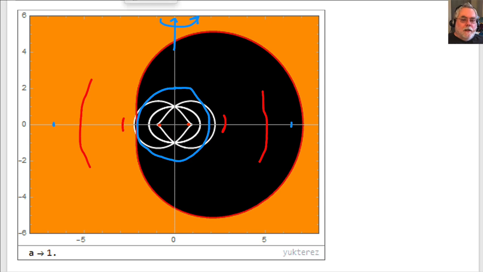Now, the prograde ISCO has moved from here close in here. So it's very close to the inner event horizon, the outer event horizon, and it's pretty close to the singularity ring. And there is strong time dilation and gravitational redshift in this case.